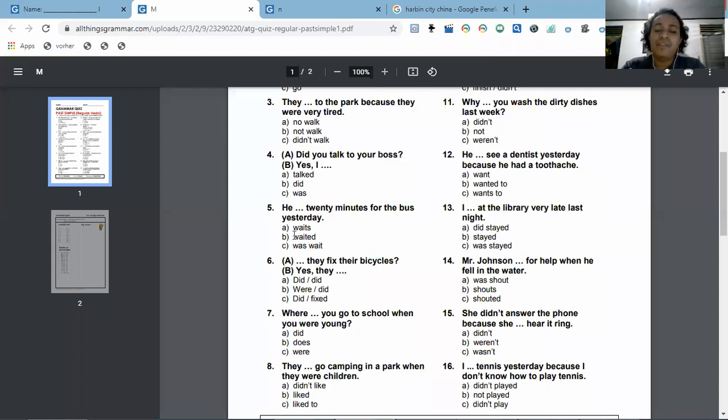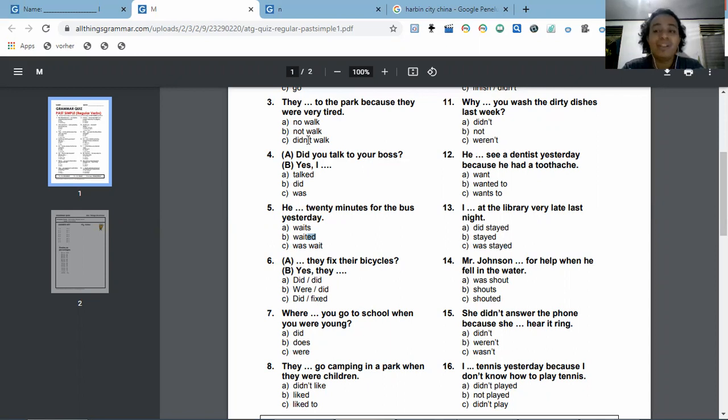So if you're confused about which one is regular and which one is irregular, just look at the end of the verb. If you see ed at the end, then it's a regular verb. Which means the structure for verb two and verb three are the same. We just add ed at the end.